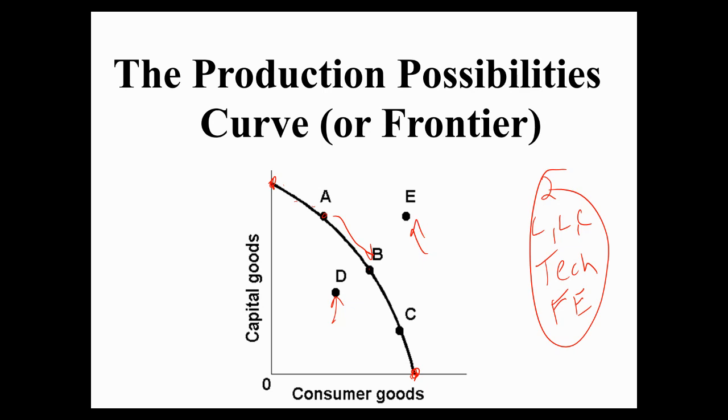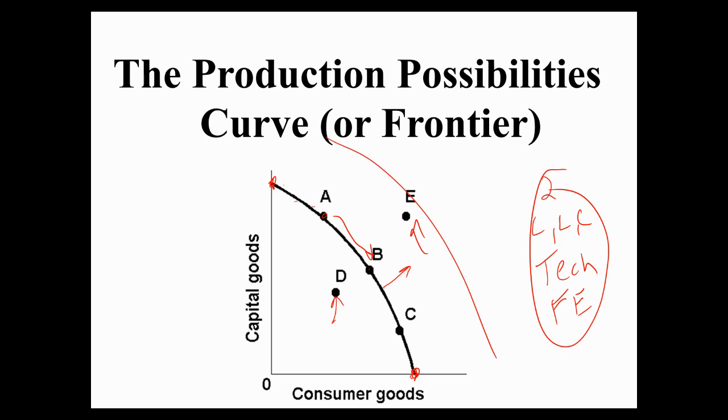E is unattainable. Now, what we do know is we would like to have the curve shift outward to show growth. We know that if we built a little more capital goods now, we would have greater growth in the future of consumer goods, and things would be better. Sometimes there's just an innovation in one good.